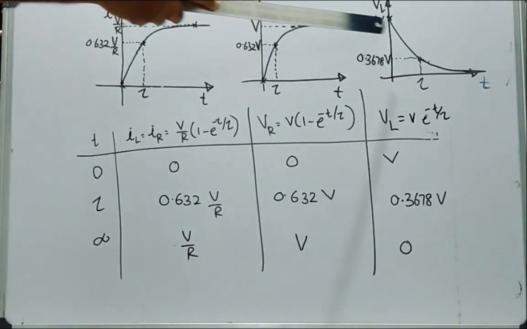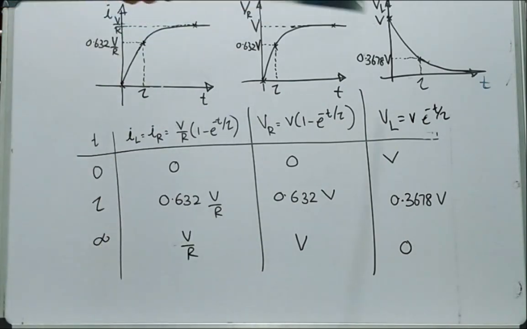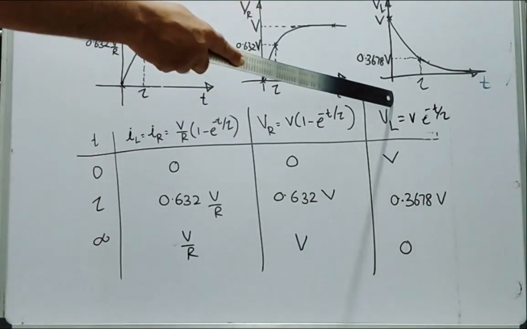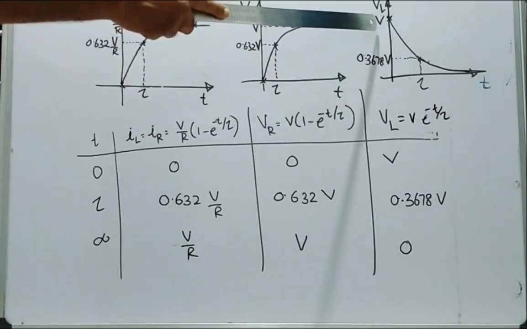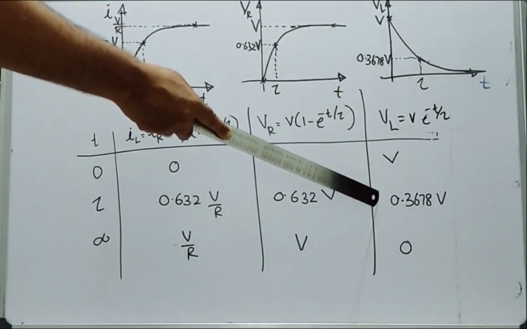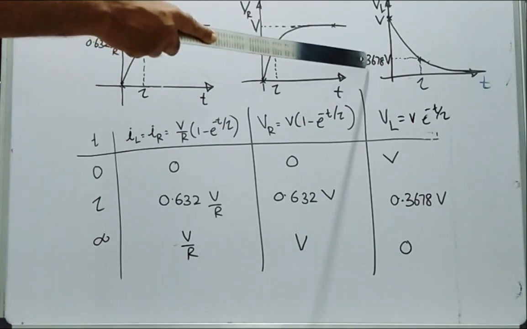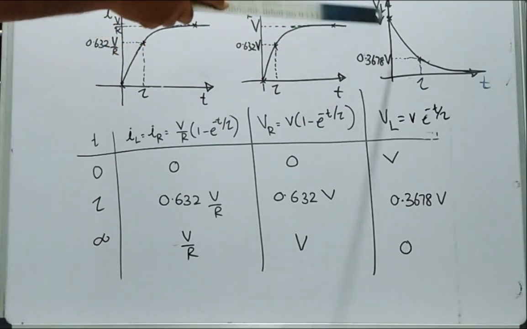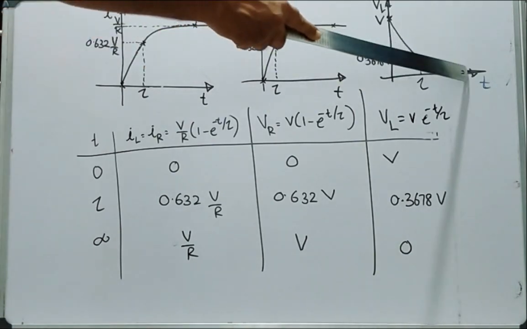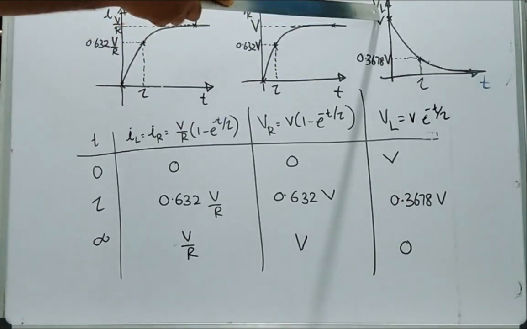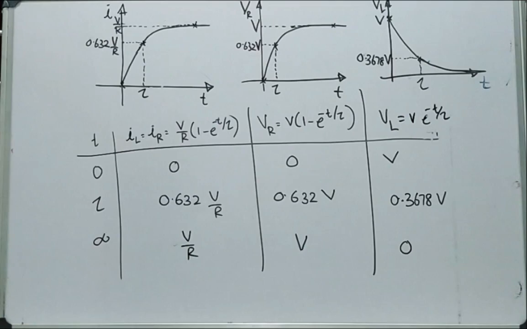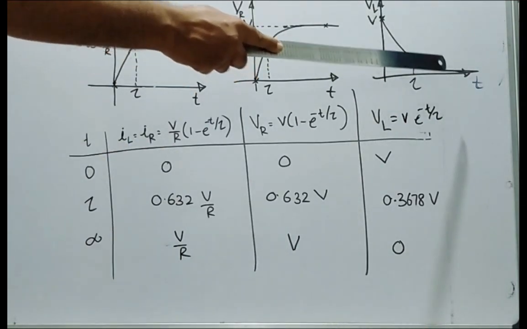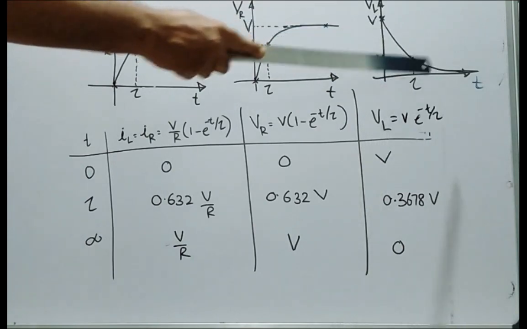But in the case of inductor, the case is just opposite. So at t is equal to 0, the value is V, and at t is equal to tau, its value gets decreased to 0.3678 times the initial value, and at t is equal to infinity, this voltage becomes 0. So it is an exponentially decaying curve.